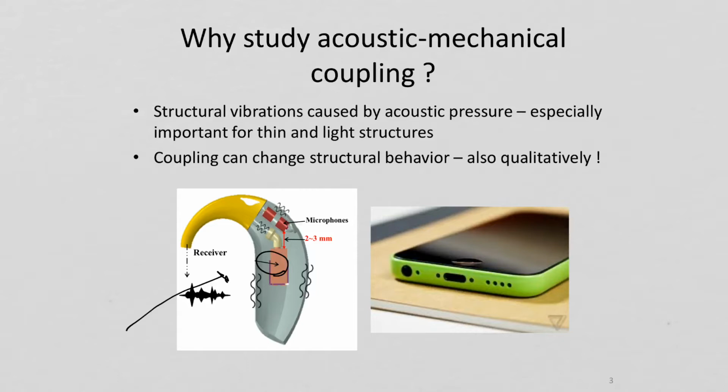You can see 2 to 3 millimeters between the receiver, which is actually another word for a loudspeaker in a hearing instrument, and a microphone. So we only have 2 to 3 millimeters of distance between the receiver and the microphone. We have 135 dB of generated sound. And furthermore, we have a shell structure here, which is just a plate structure on the outside.